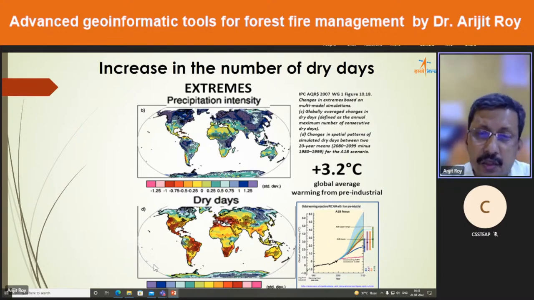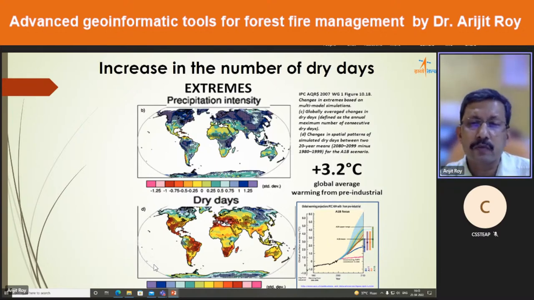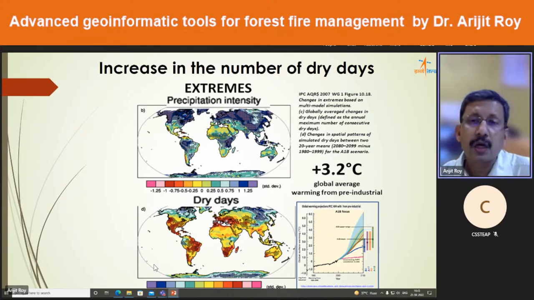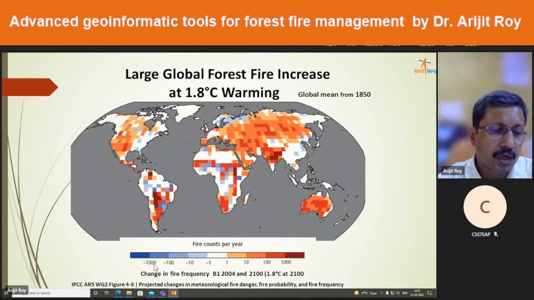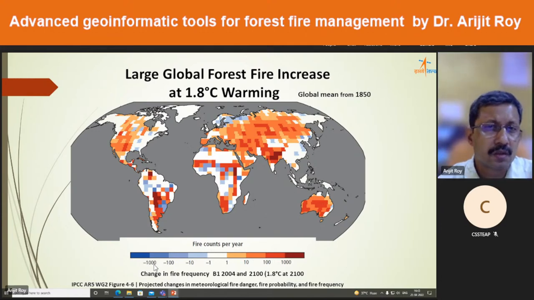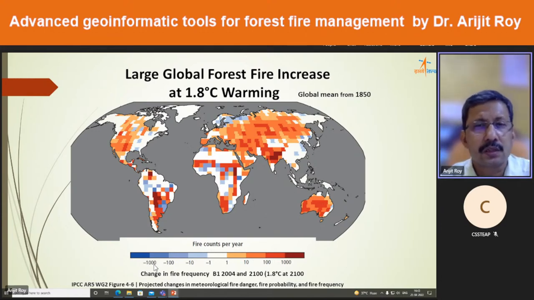So you have flood-like situations, and you also have an increase in the number of dry days, which translates to drought-like situations. And all of this has been used in various models, which show a large global forest fire increase, especially at 1.8 degrees centigrade warming.